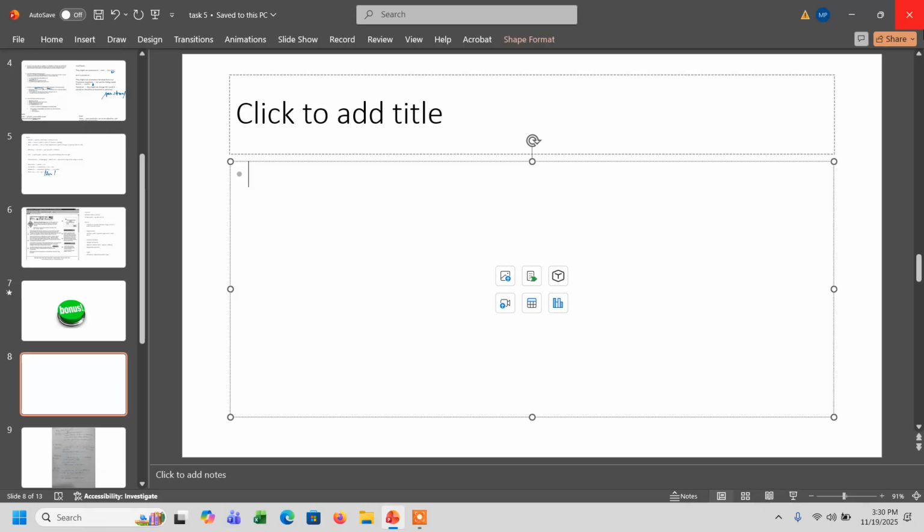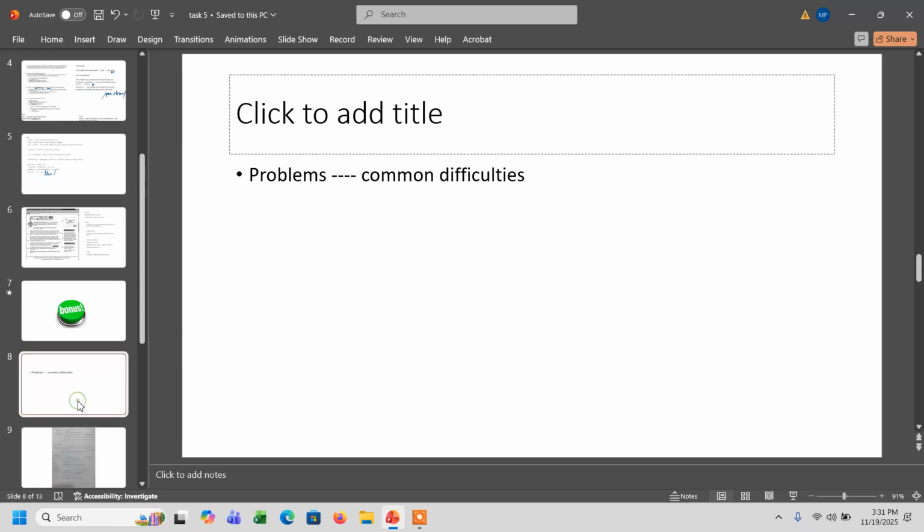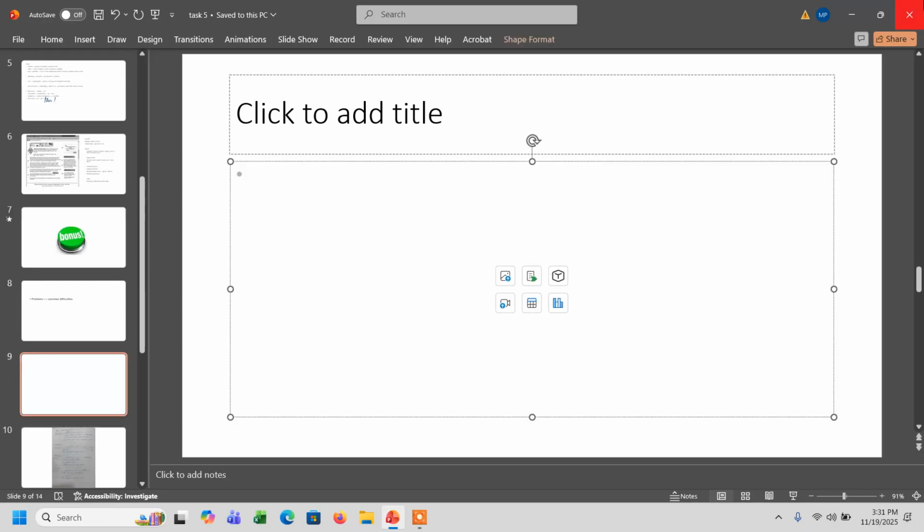For the problems, we need to check common difficulties, and also some of the rules for assimilation, elision, and catenation. This is liaison.